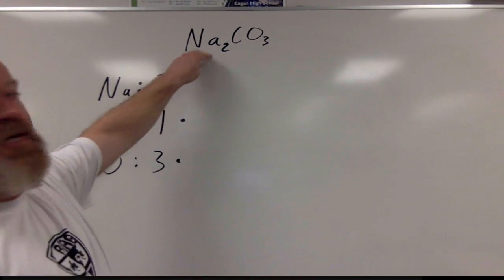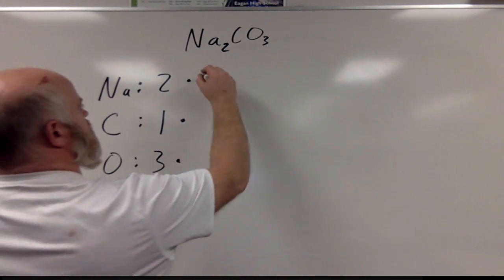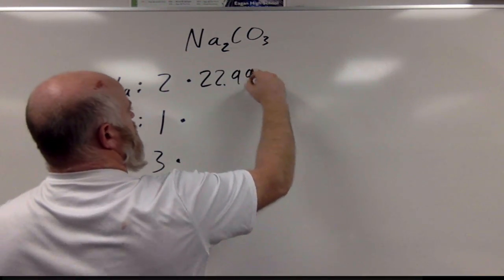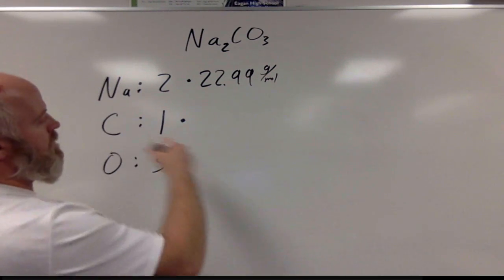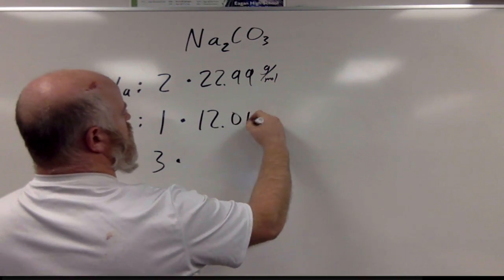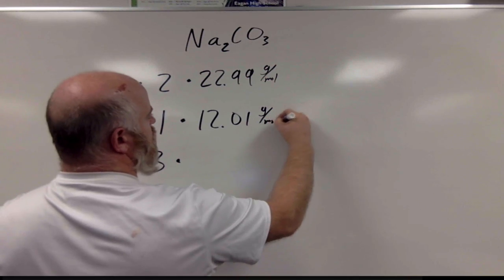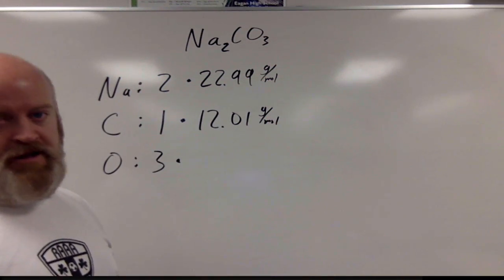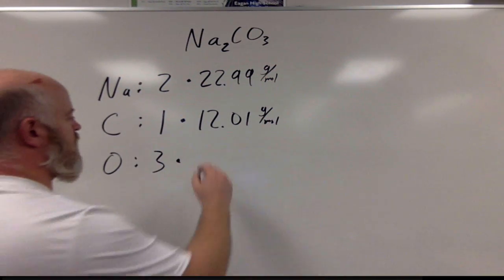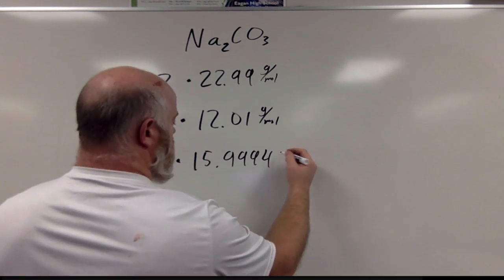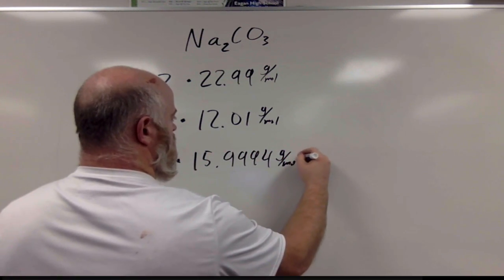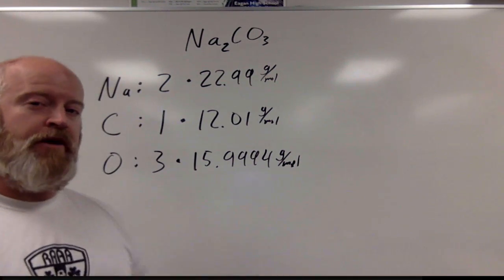If you look up sodium, sodium has atomic mass of 22.99 grams per mole. Carbon has a mass of 12.01 grams per mole. These are the atomic masses off our periodic table. Oxygen has atomic mass of 15.9994 grams per mole.